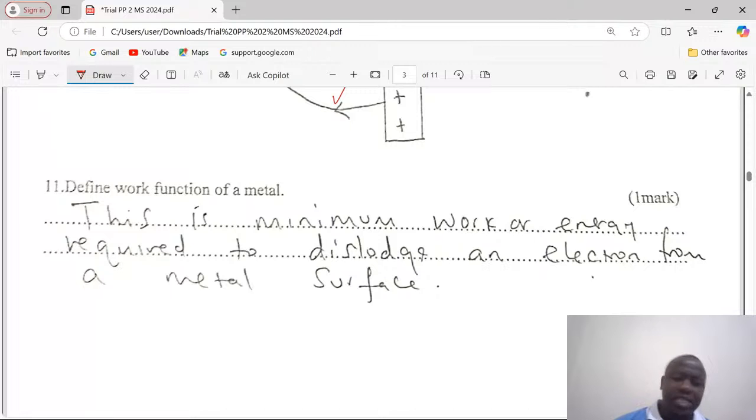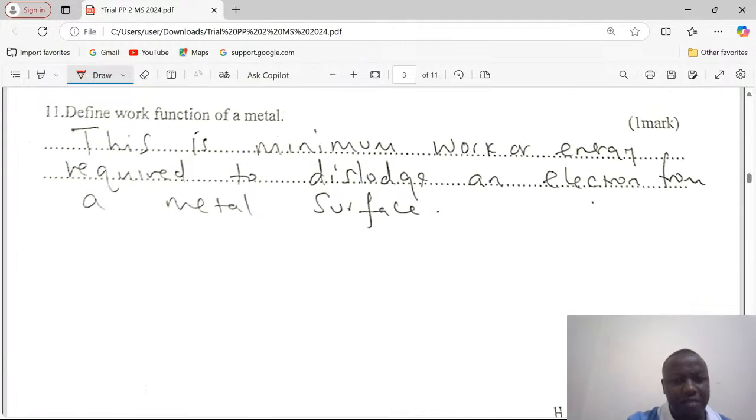Okay, let me give a more precise definition.